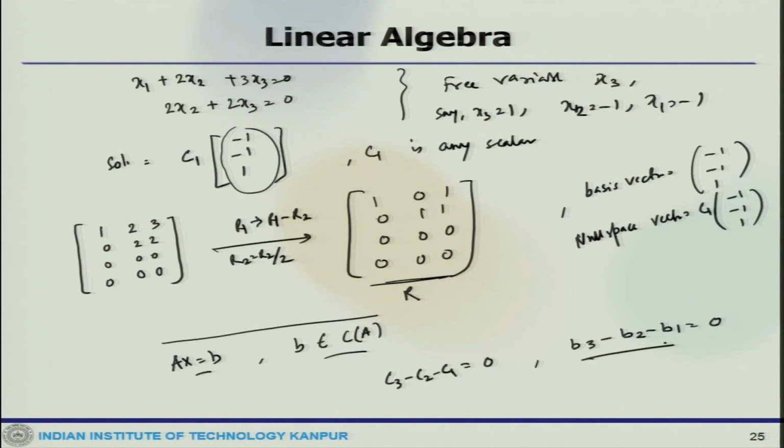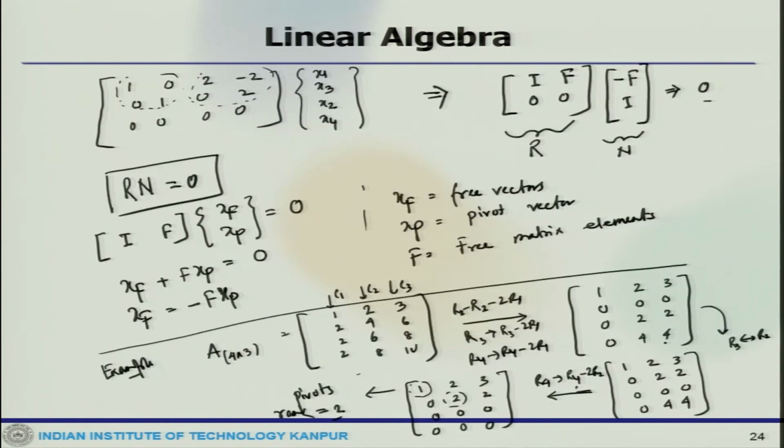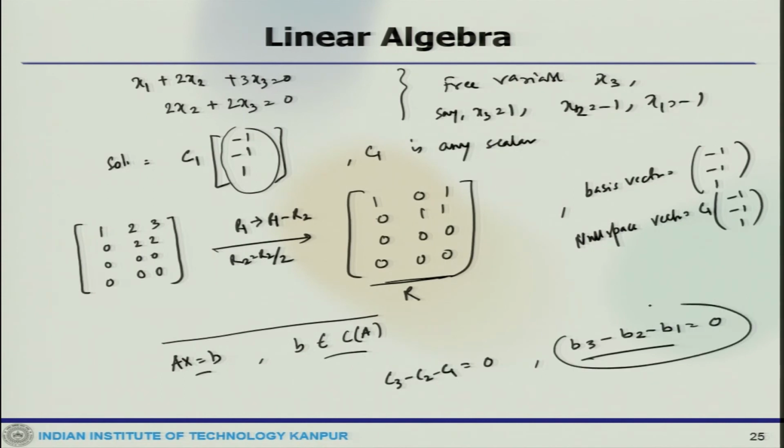One can see this by looking at C3 minus C2 minus C1. So this would be the constraint there, but this conclusion should arise from the elimination process. So, let us augment the matrix and do it.